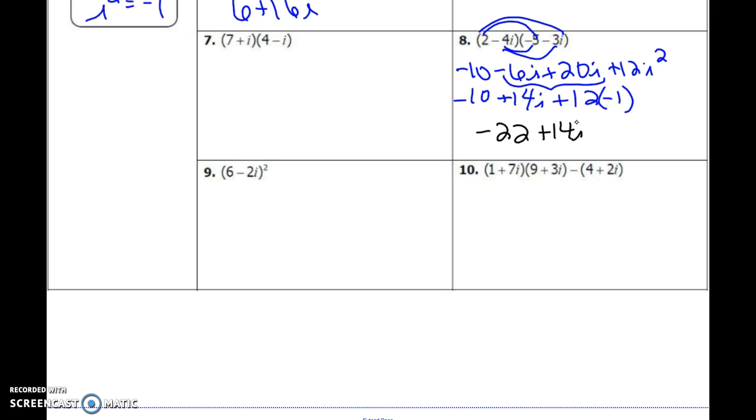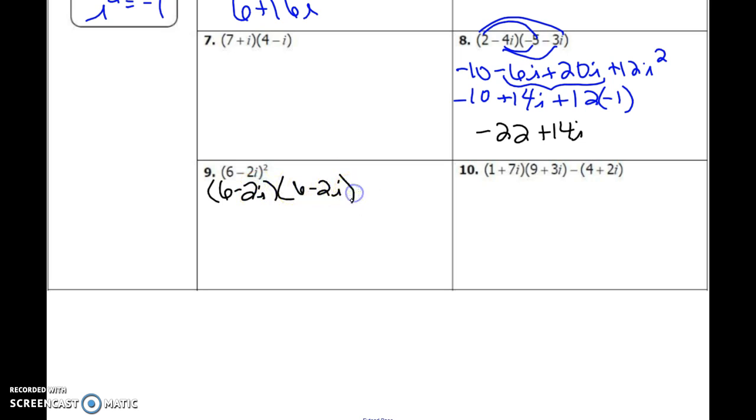All right, number 9, if it's all squared like this, don't forget that you have the capability to break it apart. So something squared is just the same thing times itself. So now we can do first, outside, inside, last. So FOIL first would be 36, outside would be minus 12i, inside minus 12i, and finally last, negative 2 times negative 2 is positive 4, i times i squared.